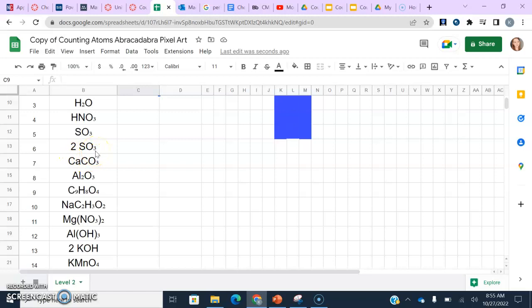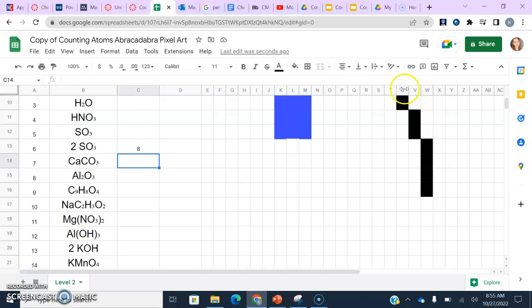So we have 6 oxygen, and we've got 2 sulfur, right? So again, just where we got that, the coefficient has to apply to both of these atoms, or both of these elements. So 2 times 1 is 2. 2 times 3 is 6. So 6 plus 2 is 8. And that means that in 2 molecules of sulfur trioxide, there would be 8 total atoms.